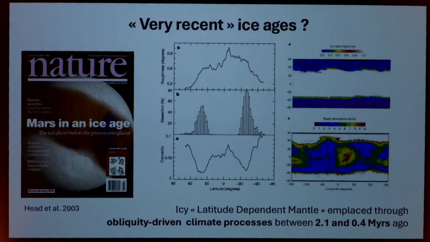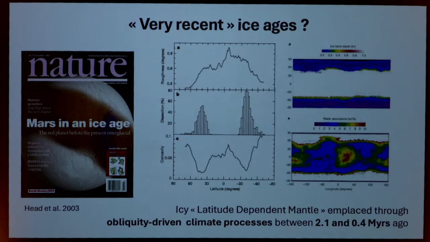As François was saying, there are different geological icy landscapes on Mars, and I'm referring specifically to the latitude-dependent mantle, which has been mentioned several times. The specificity of this young latitude-dependent mantle, whose age is inferred from geological studies, global and more localized, is that it's thought to be aerially deposited, which results from climate processes that are obliquity driven.